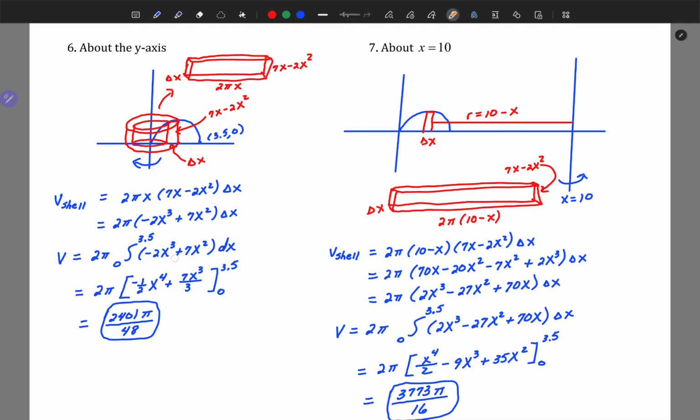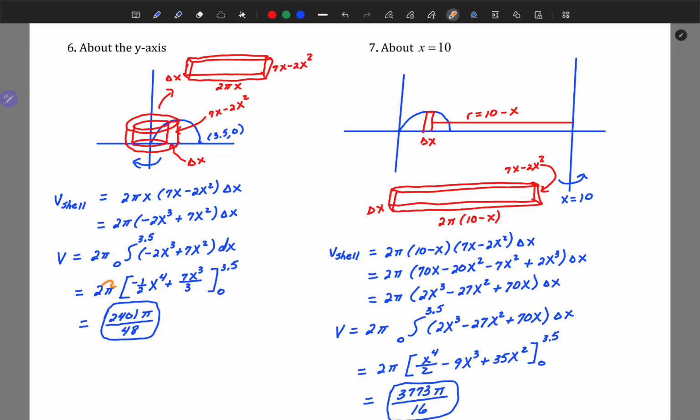We do so by just power rule. So we get 1/2 x to the 4th plus 7 over 3 x cubed. Yet again, we're evaluating at 3.5, which I would just plug into the calculator. When I plugged 3.5 into this, I got the fraction, and in fact, it was 2,401 over 96.